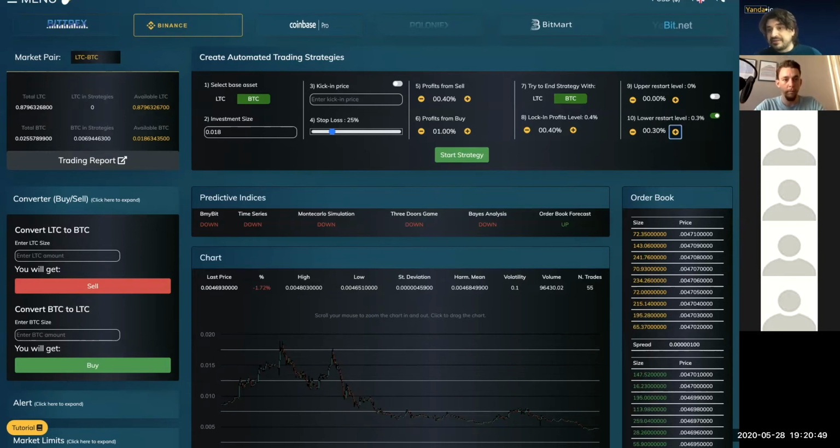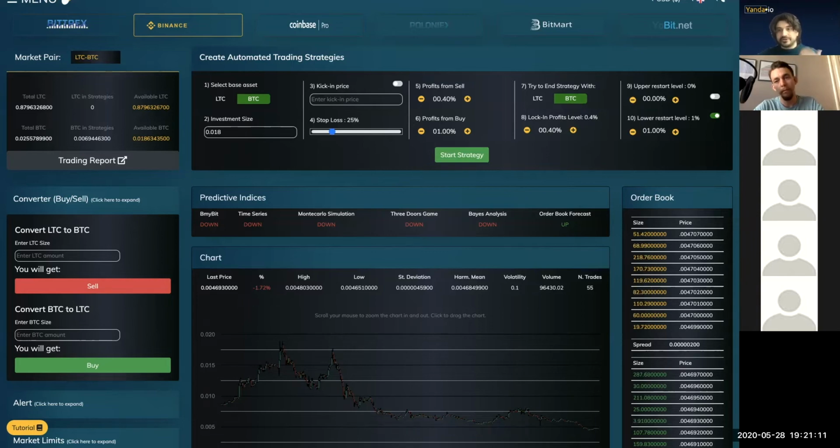A lower restart level at 1% means that if the price goes down 1% in Litecoin and keeps going down another 1%, when it reaches this other 1% of drop, the strategy is going to reboot automatically.